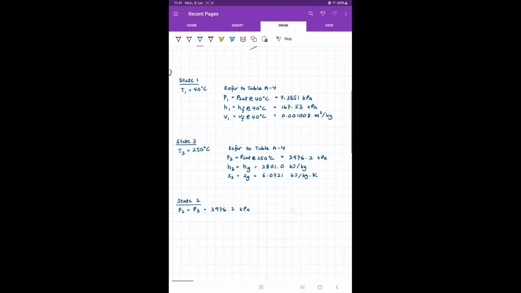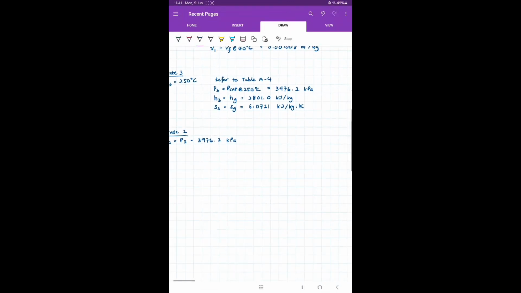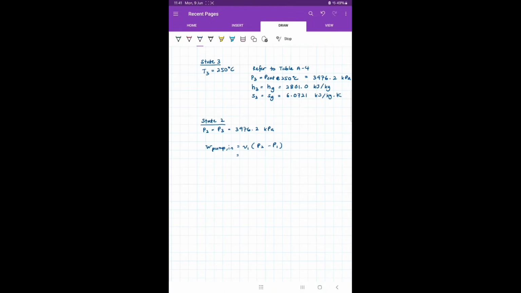I also know that, from the formula, I can find the work required by the pump. Work pump in equals V1 multiplied by P2 minus P1. This value is one that we found earlier on, so plug in all the values that you have.